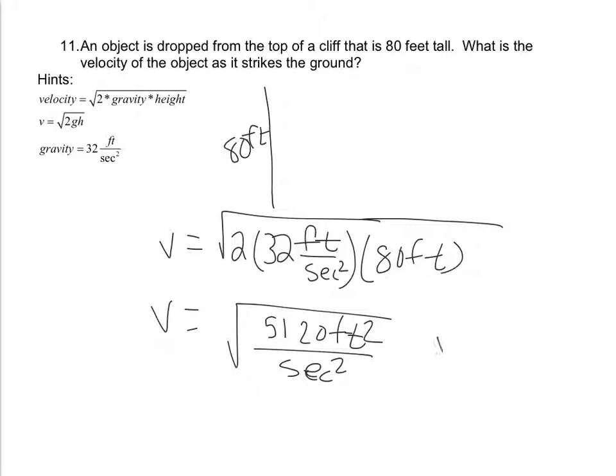So we're going to end up with the velocity equals something feet per second, which is what we want. Okay, and just do the square root of 5,120. So you'd have approximately 71.55, sorry, feet per second. Okay?